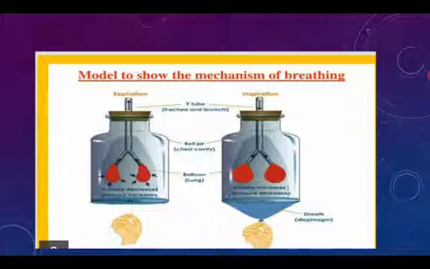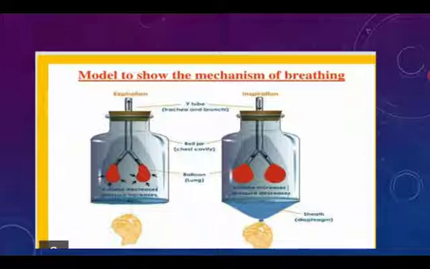You know that inside the thoracic cavity our heart and lungs are present, and below the jar there is a diaphragm. In this figure you can see that when we push the diaphragm downward, the volume of the jar increases.